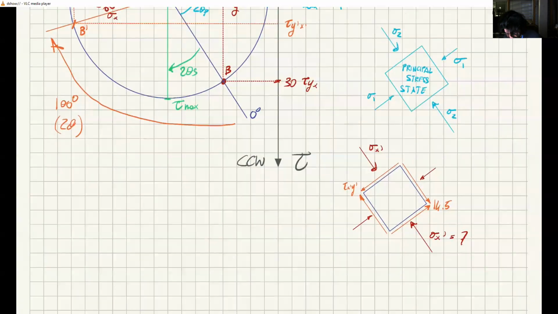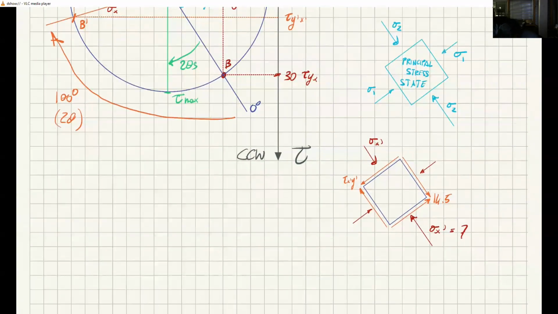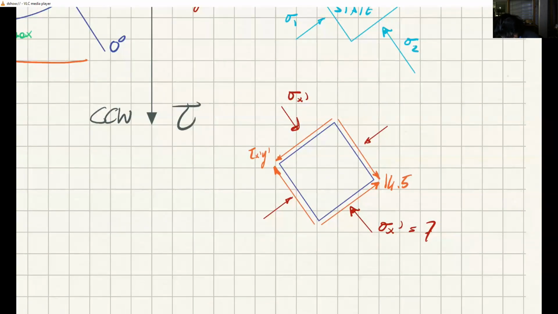They all have the same length. This is called maximum shear stress state.